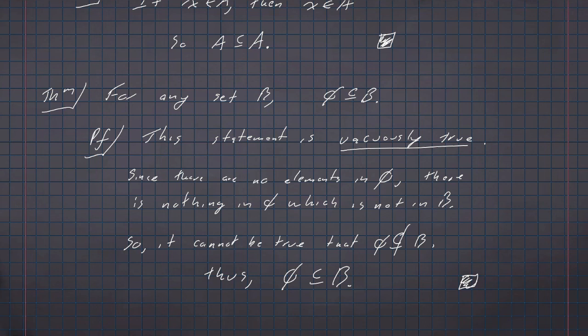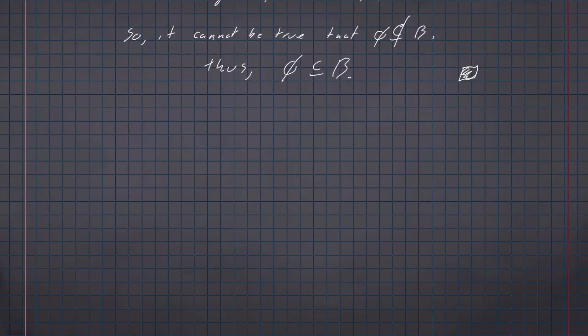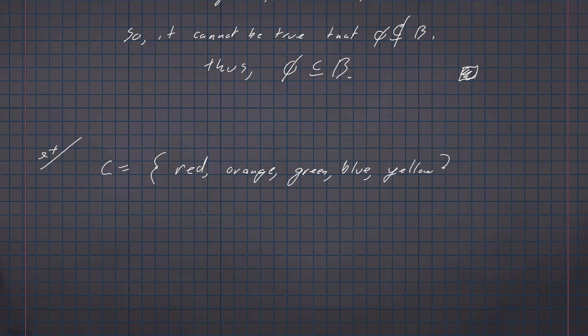Playing around with sets just a little bit more here. I'm going to trigger someone's OCD by creating set C, which contains red, orange, green, blue, and yellow.